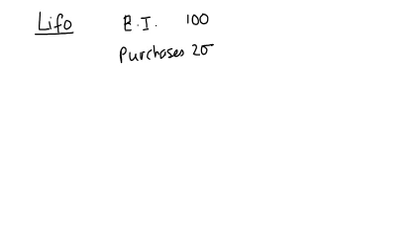The next method is last in, first out, which is the flip of the first in, first out method. Beginning inventory 100 units, purchases 200 units, sales 150 units.